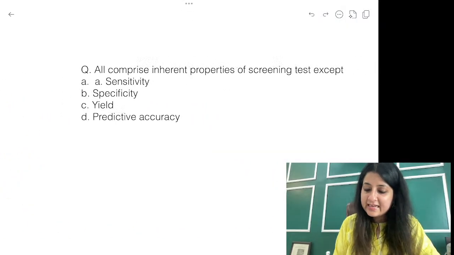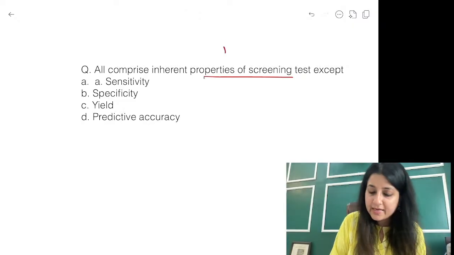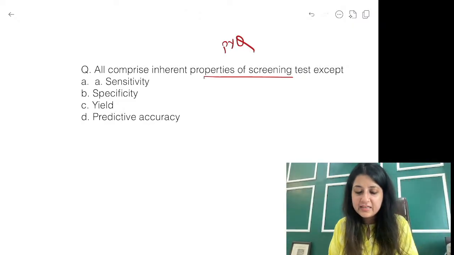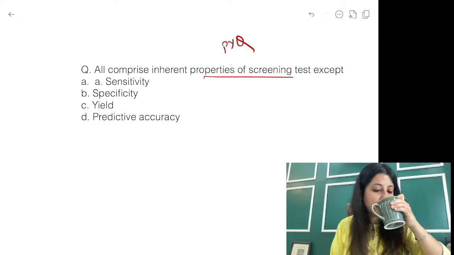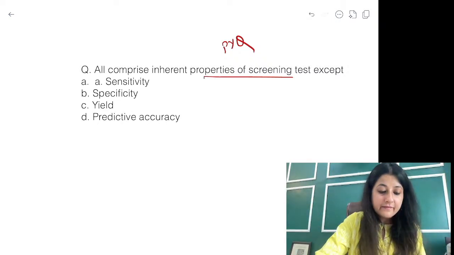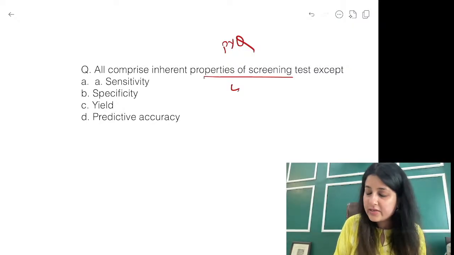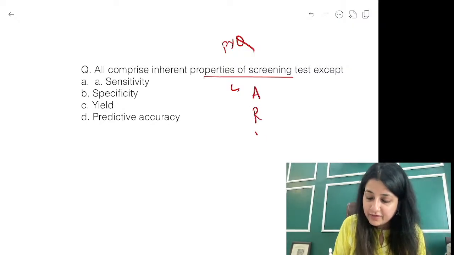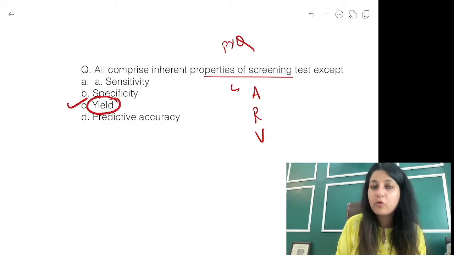All comprise inherent properties of a screening test except. Very good. अभी पढ़ा हमने, the inherent properties of a screening test are ARV: acceptability, reliability, validity. Yield is not a property.